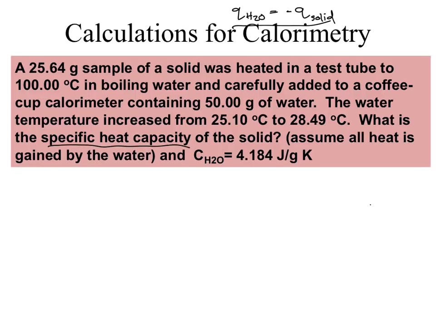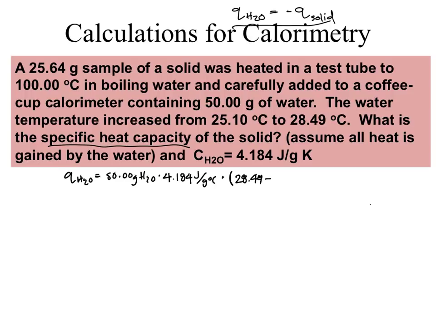So we're going to calculate the Q of our H2O. We plug in the mass of our water, times the specific heat capacity of our water, times the change in temperature of our water, which goes from 25.10 degrees C to 28.49.